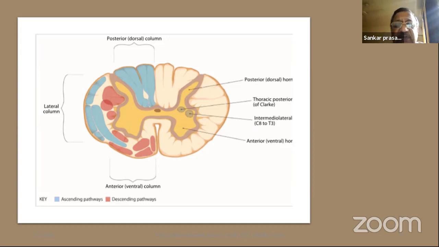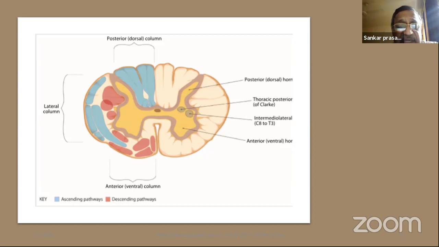This is the first order neuron. The second order neuron is formed at the cervicomedullary junction and crosses and ascends up to the thalamus, where the third order neuron takes it to the parietal cortex.